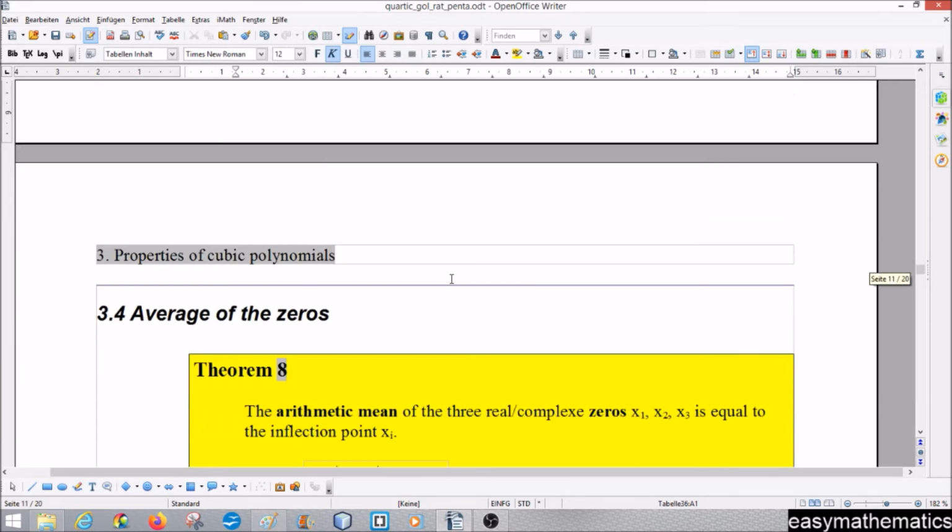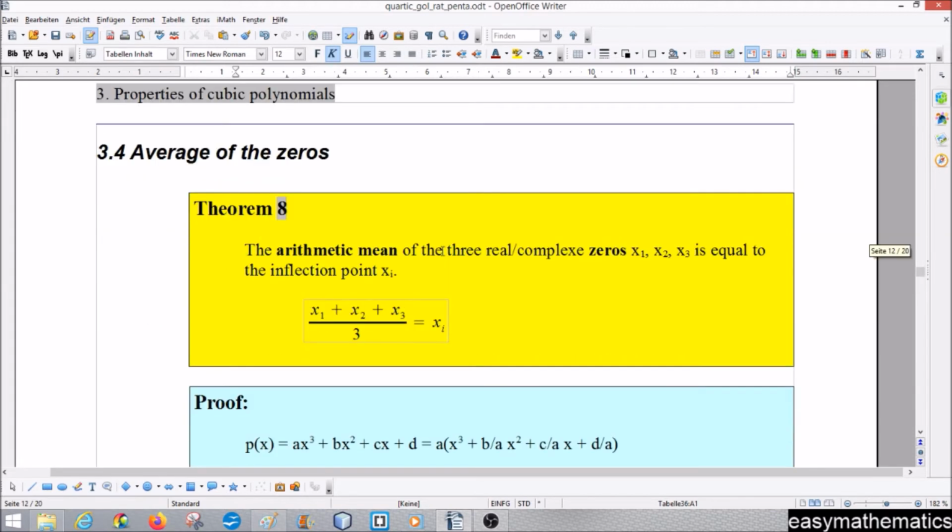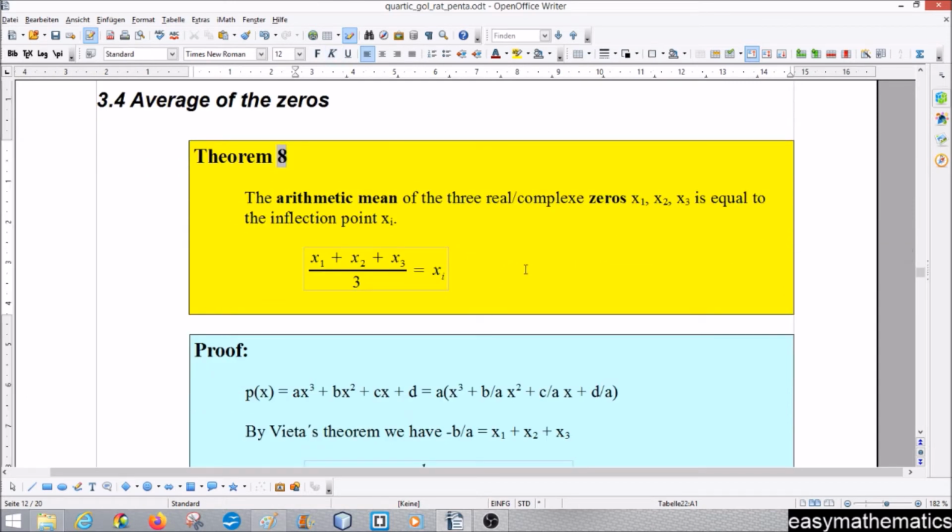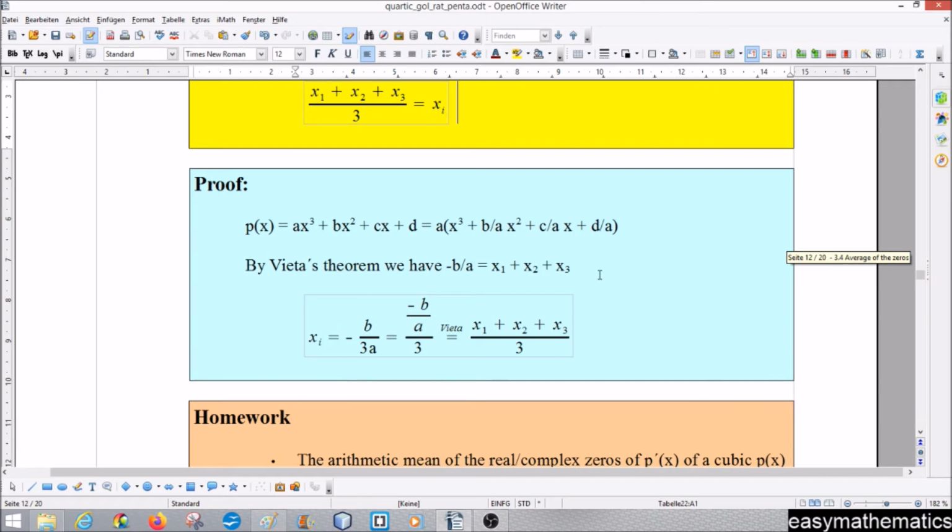Yeah, after similarity, we can take a look at the average of the zeros, like for the quadratic polynomials, and this is also very interesting. The arithmetic mean of the three real or complex zeros x1 up to x3 is equal to the inflection point x_i. This is a very, very beautiful result in my opinion, and the proof is really easy. We use Vieta's theorem, and we immediately have this property.